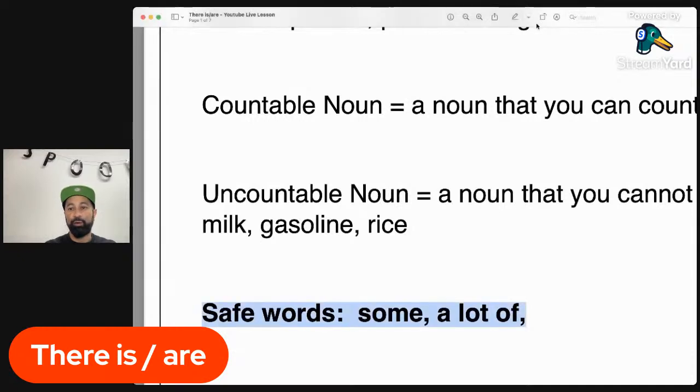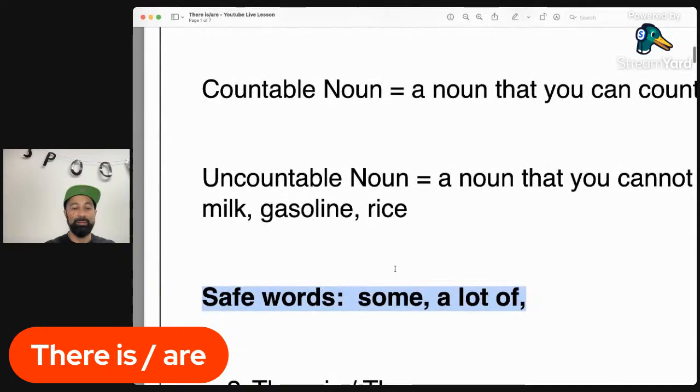Now, before we start making the sentences, I want to go over some of the safe words. The words some and a lot of. These are safe words. That means with a countable noun, you can use the words some and a lot of. With an uncountable noun, you can use the words some and a lot of.